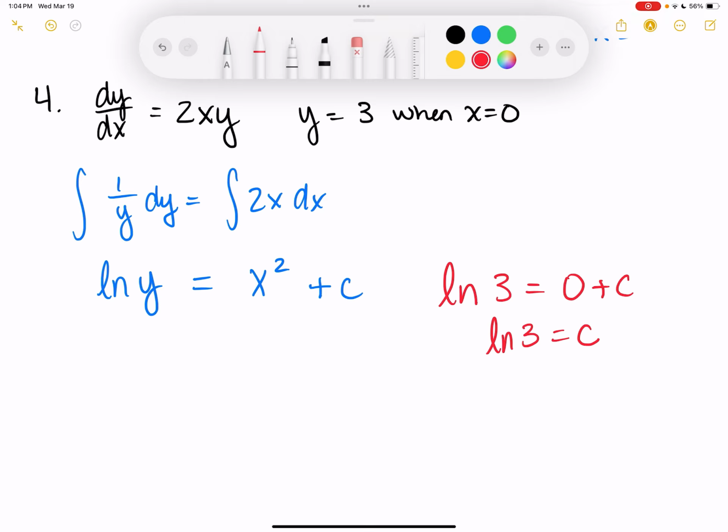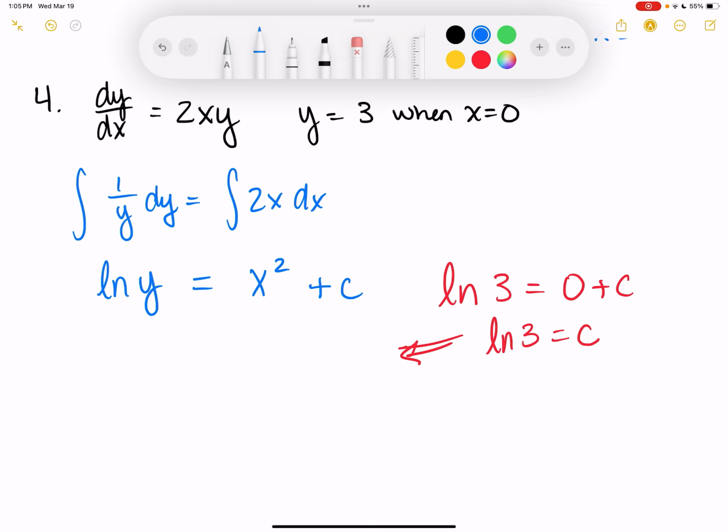Now, any ideas how I would go about getting y by itself at this point? How do I undo a log? E to the stuff on the right equals y. I don't know.